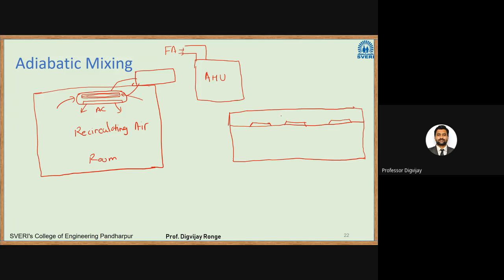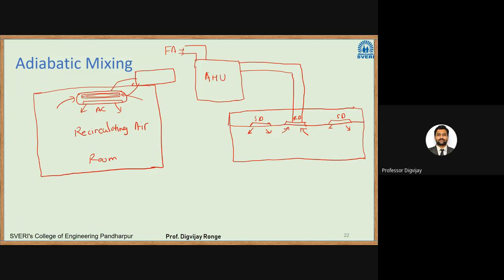Okay, so let us say this is a supply diffuser, this is a return diffuser, this is again a supply diffuser. The supply diffuser will supply the air, the return will take the air. Then there will be a duct from the return air, it will go to the AHU, the air handling unit, like this.